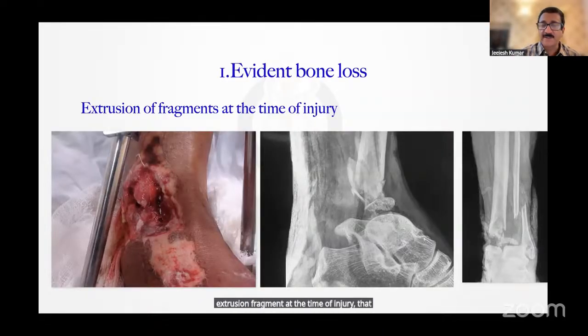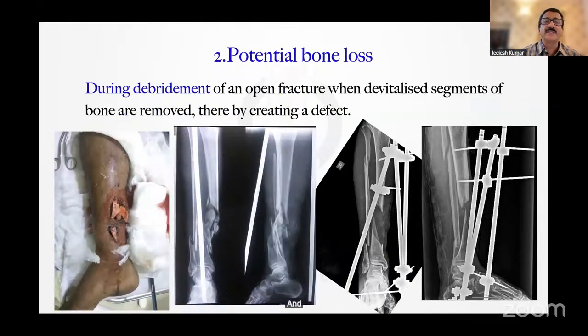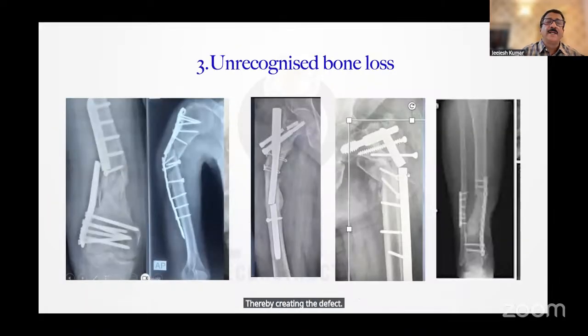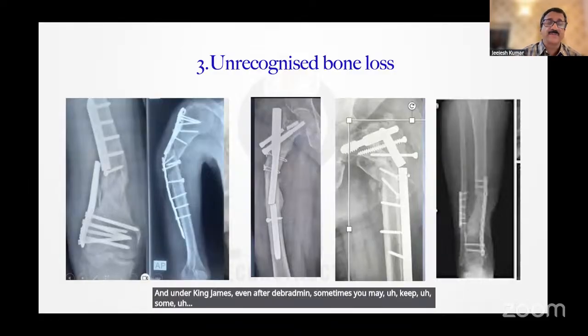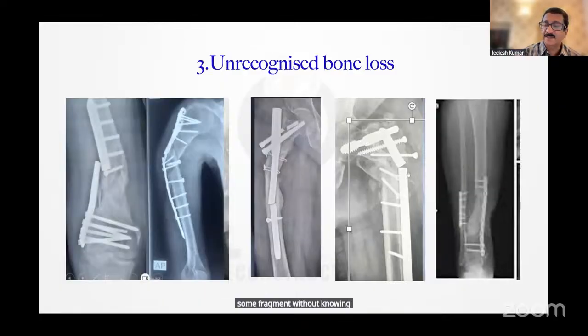Potential bone loss means during debridement of an open fracture, devitalized segments of bone are removed, thereby creating the defect. And unrecognized: even after debridement, sometimes you may keep some fragment without knowing that it has lost its blood supply, and that can later create a defect.